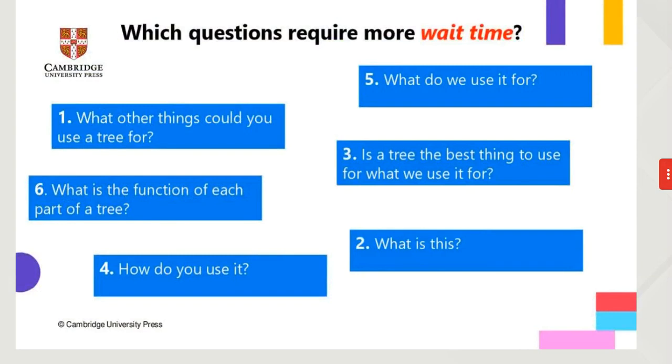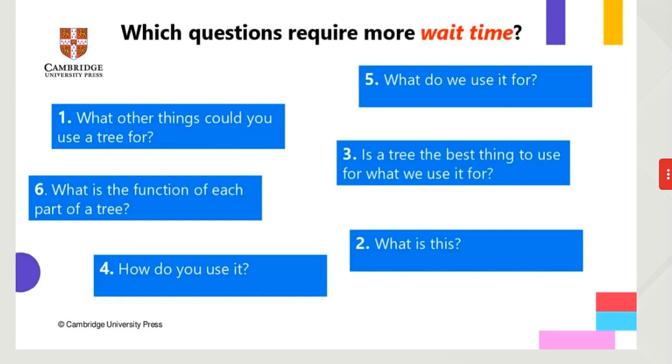If you have a pen or a pencil by you, I'd like you to look at these 6 questions, and I'd like you to note down in order. You can see I've numbered them 1 to 6, and I'd like you to take a look at them and just note down which questions you think, and I've just seen some of you put in the chat, depends on the question.